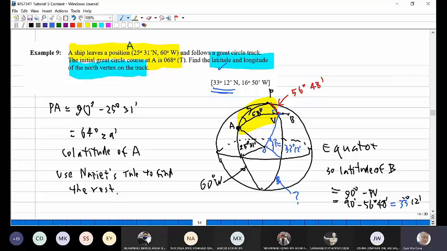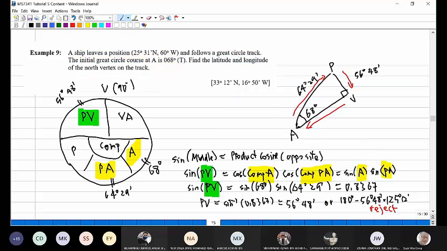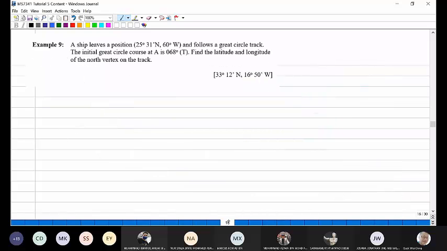So I'm going to go back to my Napier view again to do the calculation now. This time I think I need to calculate what is angle P now. So copy this and then find angle P now. Yep, same.